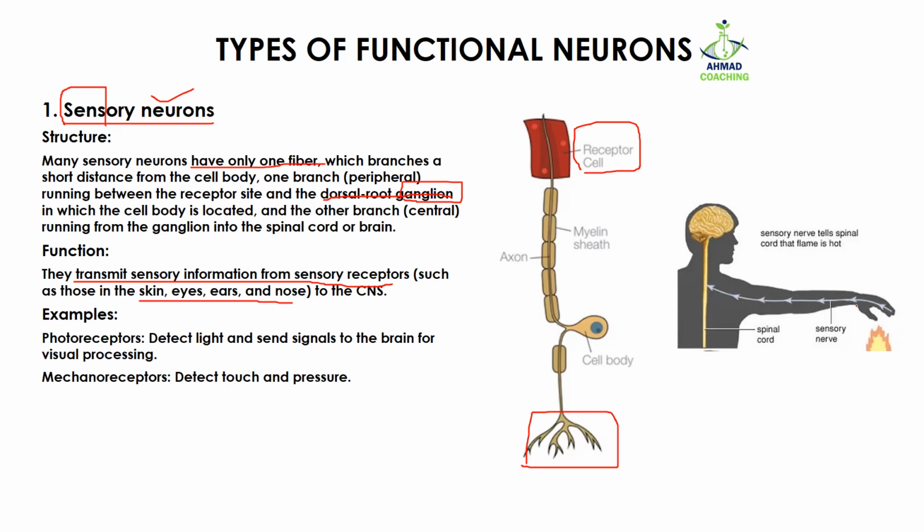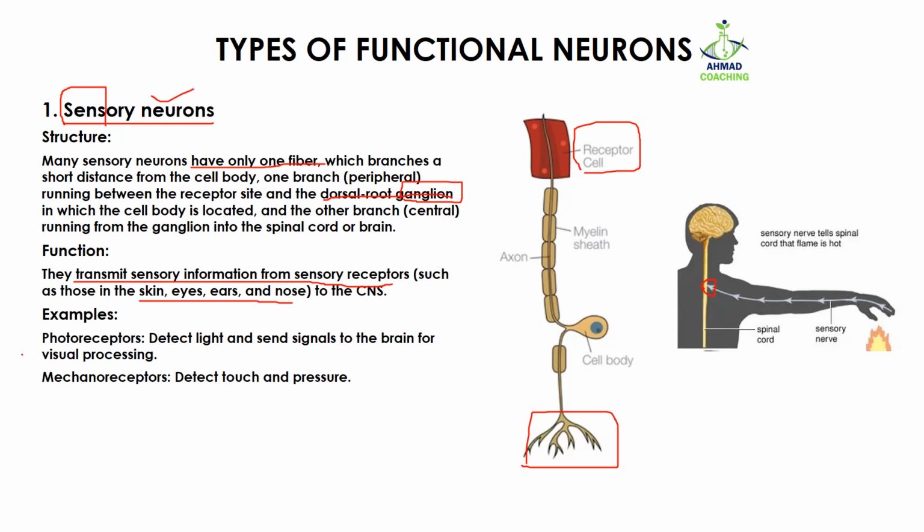They get the signals and transmit them to the spinal cord or central nervous system. Like I said, the sensory neurons are involved in sensing something. So in this case, they are sensing that something hot has been touched by the skin. So this is the function of sensory neurons: they get the signals from the sensory receptors and then transmit them to the central nervous system.